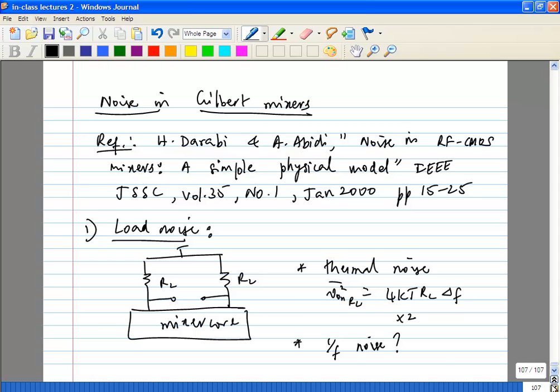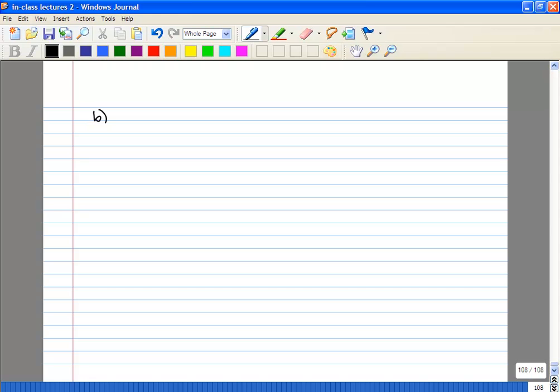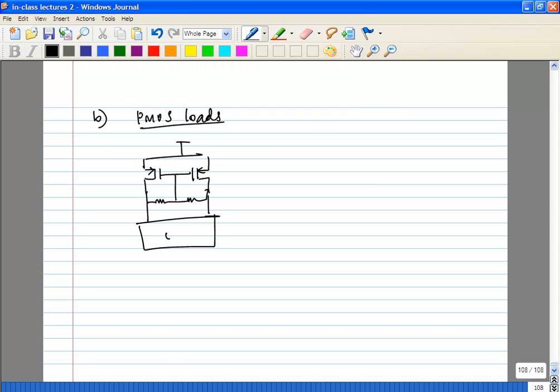So what you can do is use PMOS loads, something like this. What is your output common mode?